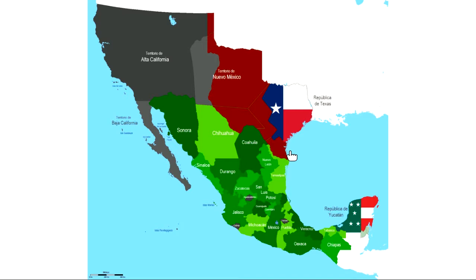I think one of the interesting things about this, and this pops up in learning objective number 5, in terms of how the United States ended up controlling the Southwest, it really wasn't a straightforward case of military conquest, at least at first.